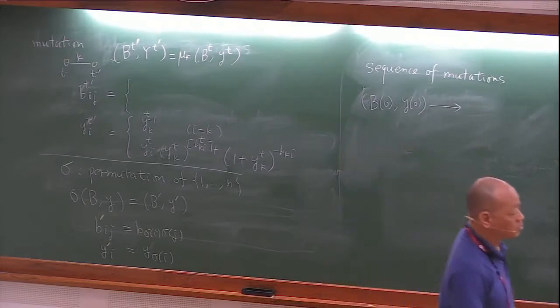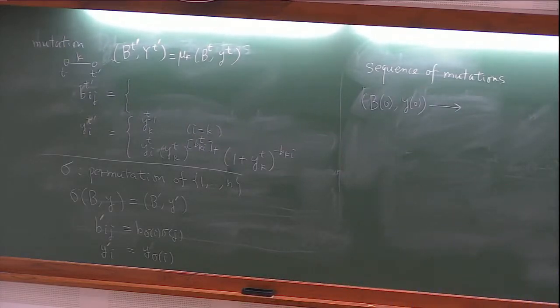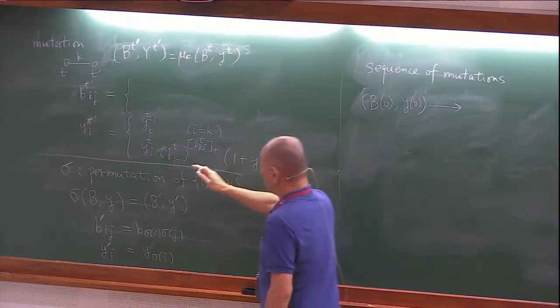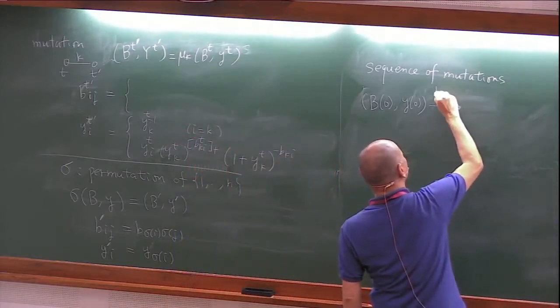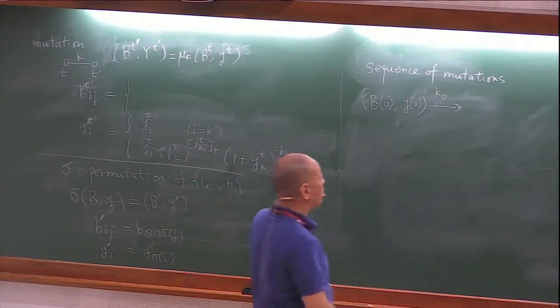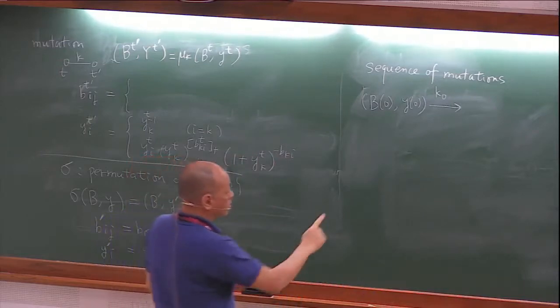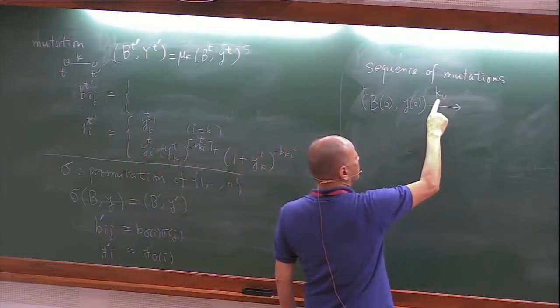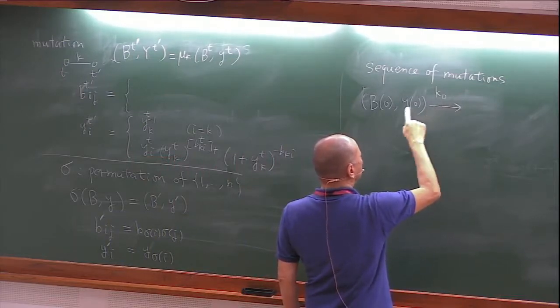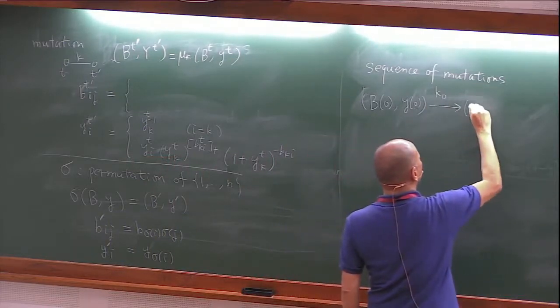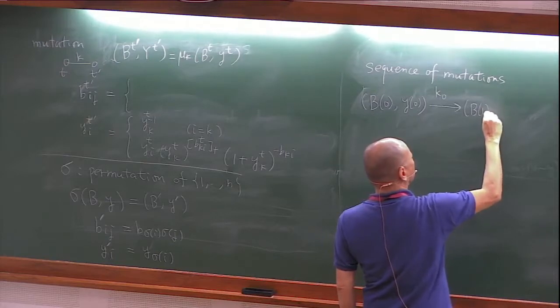Probably I don't need to define this Y pattern, but we directly work on this sequence of mutations. So first you choose your favorite direction k0 at time 0, and you get something considered as the time 1 state.